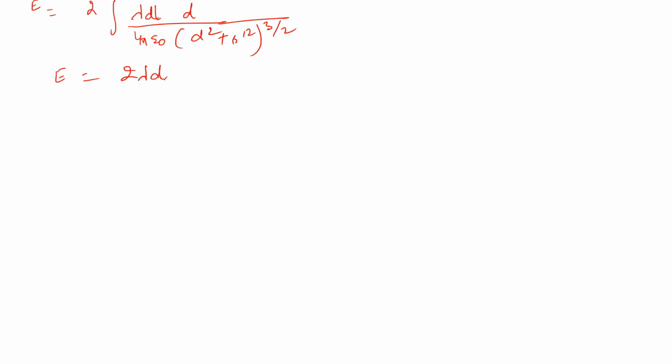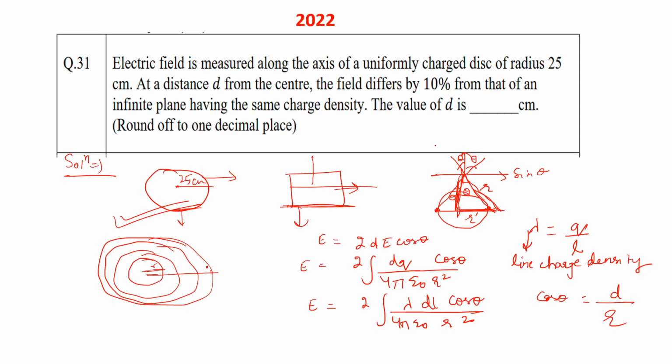So E is equal to 2 lambda dl d upon 4 pi epsilon naught, d square plus r dash square to the power 3 by 2. So it is equal to 2 lambda d pi r dash. This dl I have integrated, it is pi r because I have taken two diametrically opposite ends.